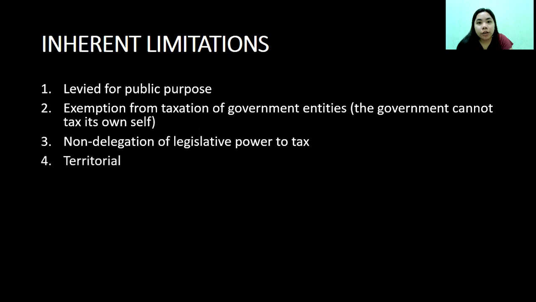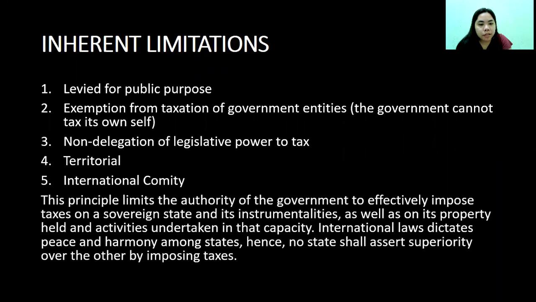Fourth, it is territorial, and of course it covers the Philippine territories, then international comity. As what I have said earlier, there is a mutual relationship or understanding between countries as to imposition of taxes on foreign nationals or foreign people who are here, and Filipinos who are in the foreign country. Then this principle limits the authority of the government to effectively impose taxes on a sovereign state and its instrumentalities, as well as on its property held and activities undertaken in that capacity.